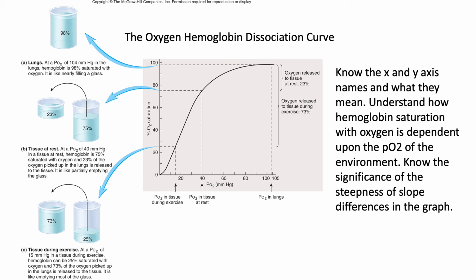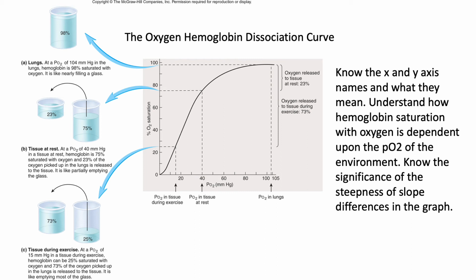When you look at the left part of the graph, the steeper area between, let's say, a PO2 of 40 and 0, the graph is very steep. So a relatively small change in your x-axis, a small change in PO2, leads to a large change in the O2 saturation.